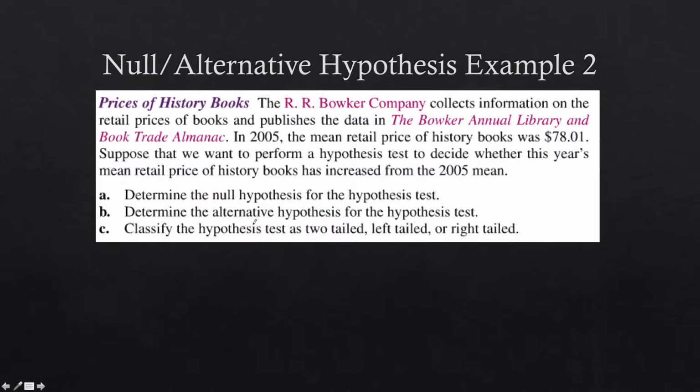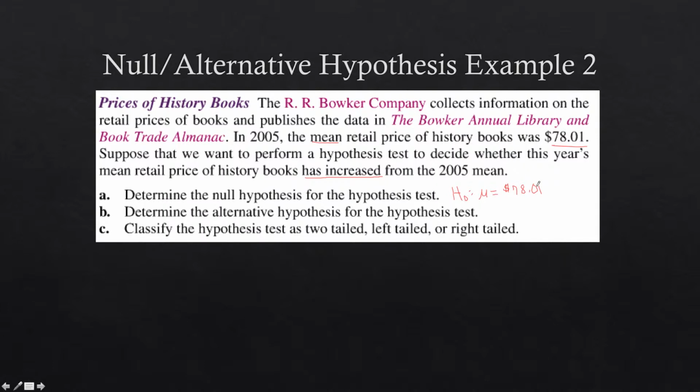Now, there's a key here, and I'm going to go ahead and underline it. Has increased, okay? So, determine the null. What are we trying to determine that the population mean equals? Well, they told us what the mean equaled. The mean equaled $78 and a penny.